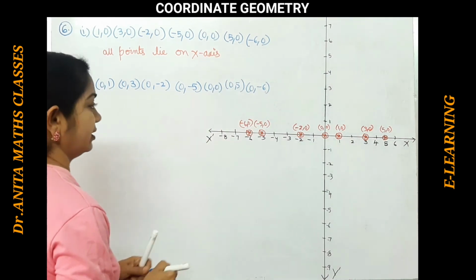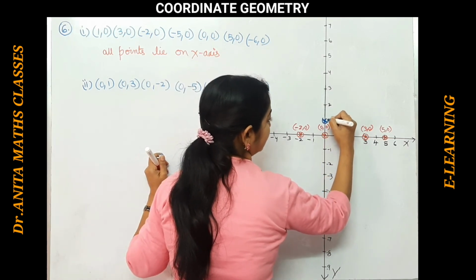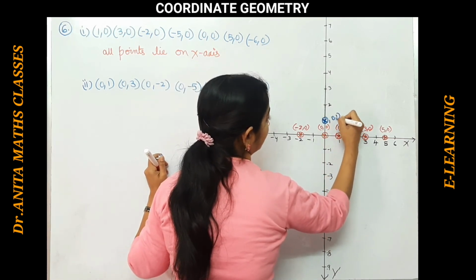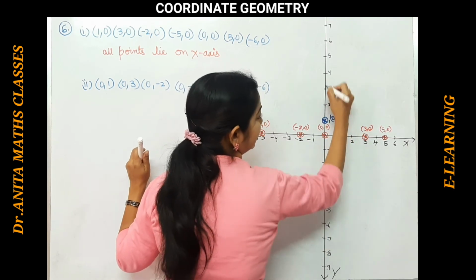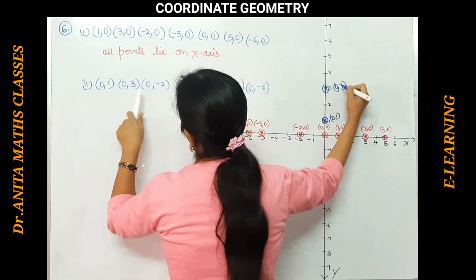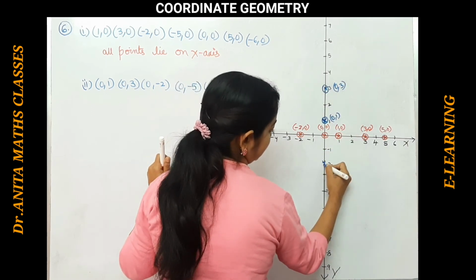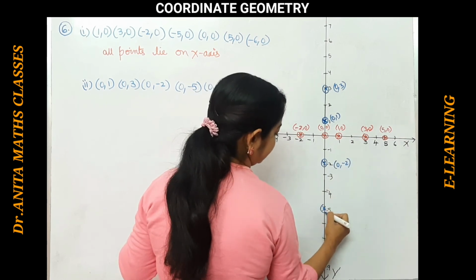0 comma 1. Let's plot 0 and 1 on the y. So 0 comma 1 here given, 0 comma 3. So 0 here and 3 here. 0 comma 3 and 0 comma minus 2 here and 0 comma minus 5 here.